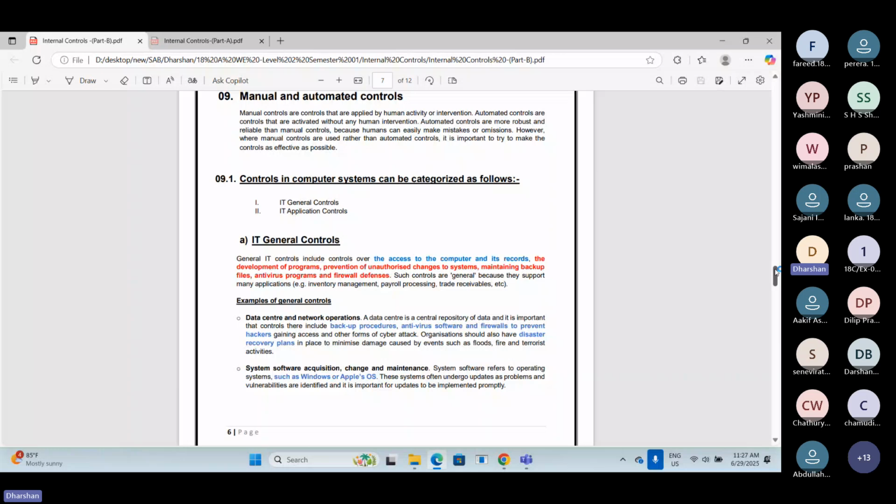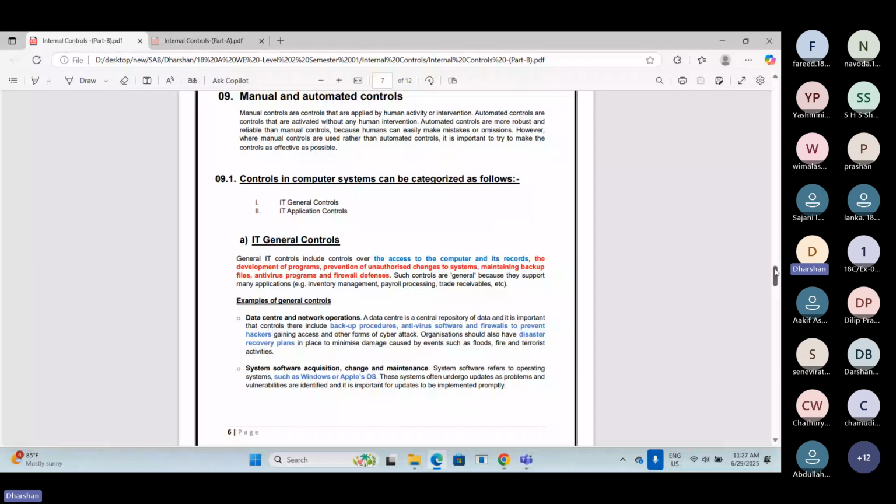If the organization updates their Windows, installs virus guards, does backups, or installs firewall protection, these controls will be applicable to all processes, not only specific processes. So those controls will be considered as general controls.